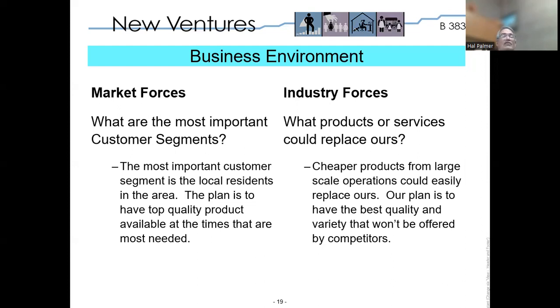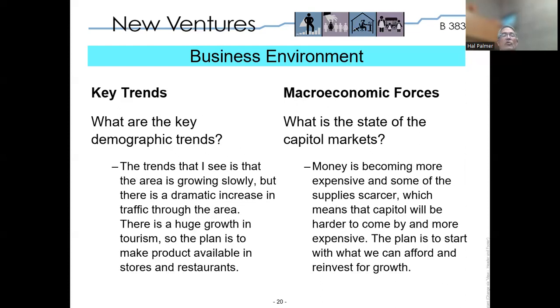So industry forces, you can ask this question: what products or services could replace ours? Well, cheaper products from larger scale operations could easily replace ours. Our plan is to have the best quality and variety that won't be offered by competitors. What are the key demographic trends?